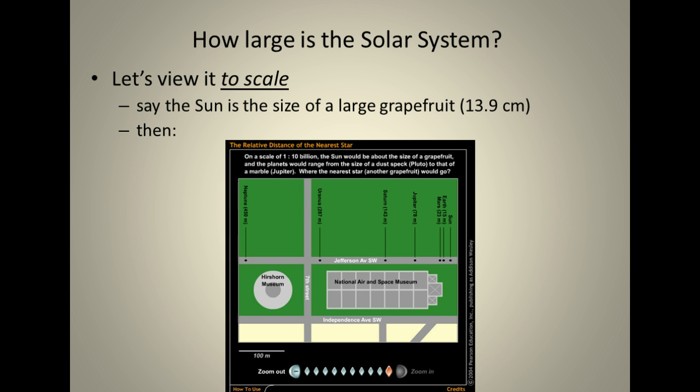Saturn would be 143 yards away. Uranus is 287 yards away, and Neptune would be a whopping 450 yards away from our grapefruit, nearly 5 football fields. So that gives you some idea of the distance between planets. The inner planets are relatively close to the sun, the outer planets not so close.